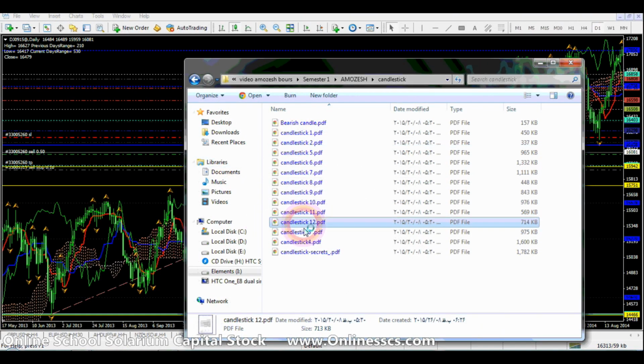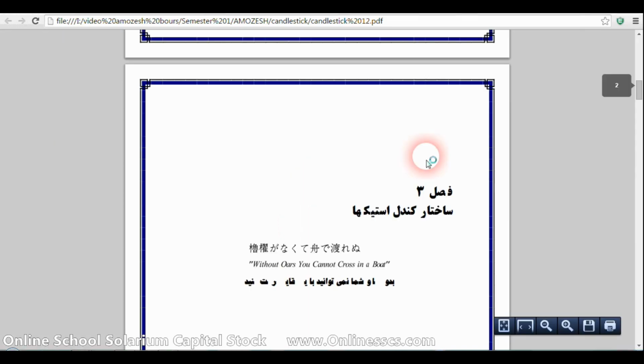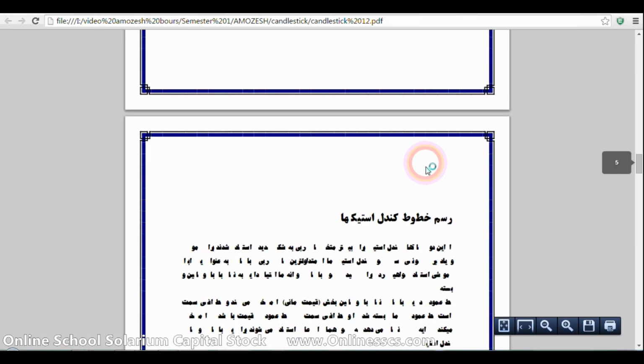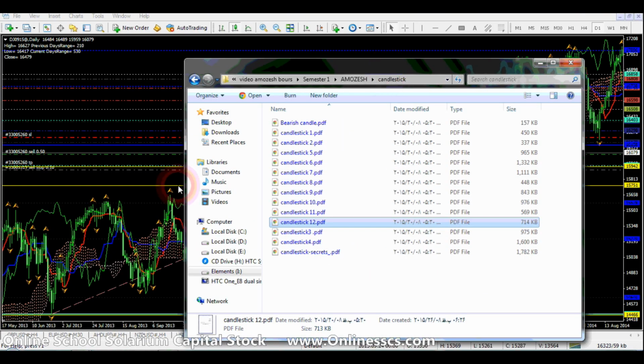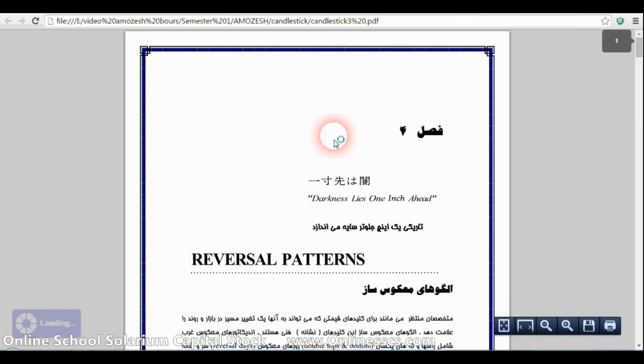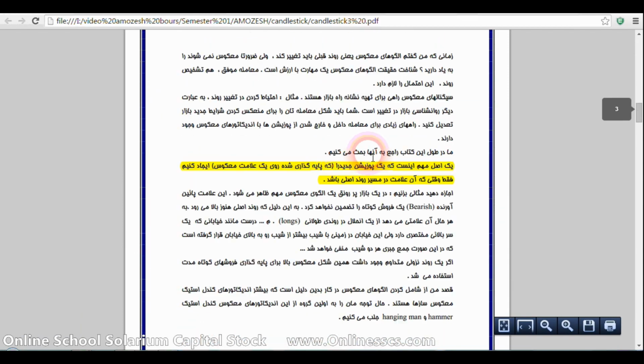And then here, I just want to find candles one by one, the important ones. If you trade in the candles that I tell you, be sure that you're gonna be successful in trading.